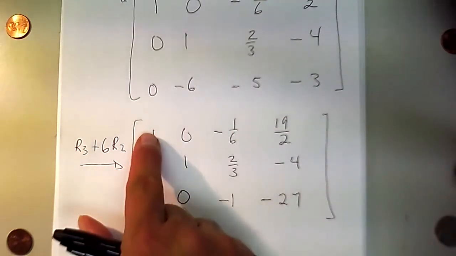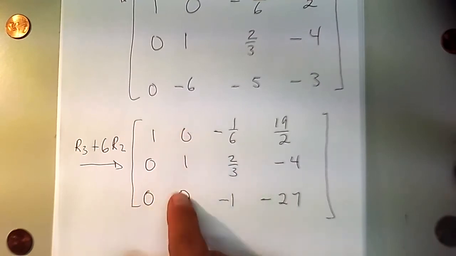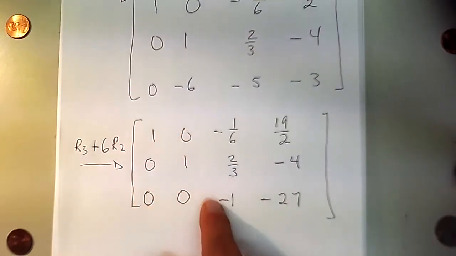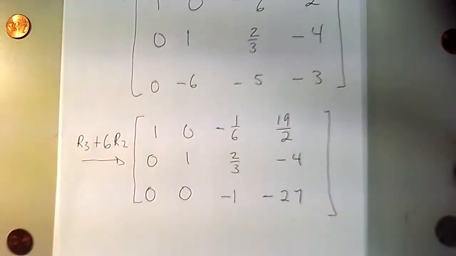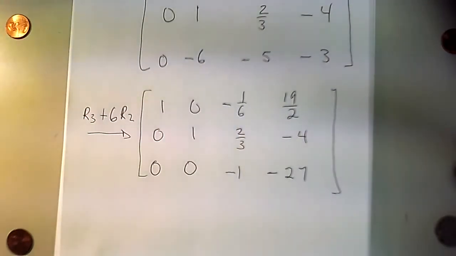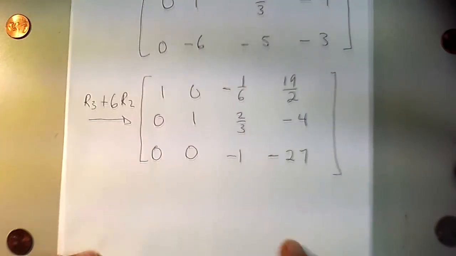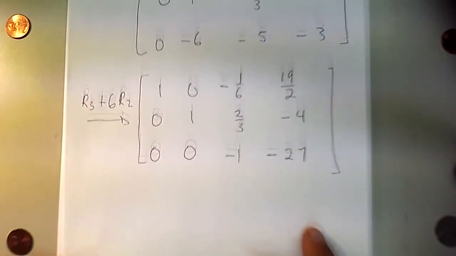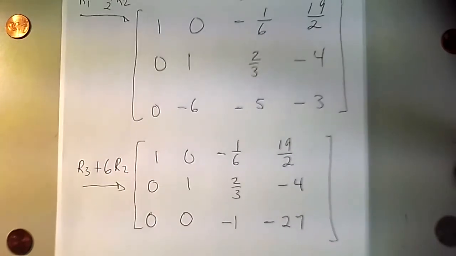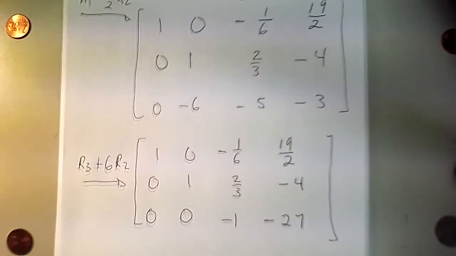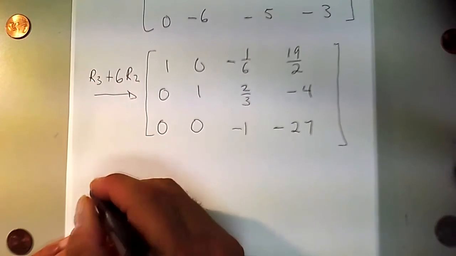So far we got 1, 0, 0, 1, 0, 0. Now we want to change this into a 1 and then 0, 0. And then we're going to have our solution, a nice, neat, clean solution. Although I have a feeling I made a mistake at this point, but I want to finish it and then look for the mistake.